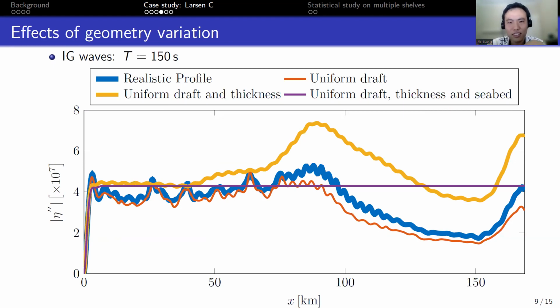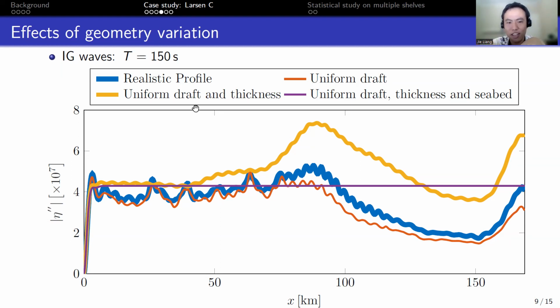As I said, the only difference is the thickness, and you can see these two are now apart from each other. That indicates thickness is still taking effect in IG waves, but not only thickness now, the seabed also has an effect on the result.